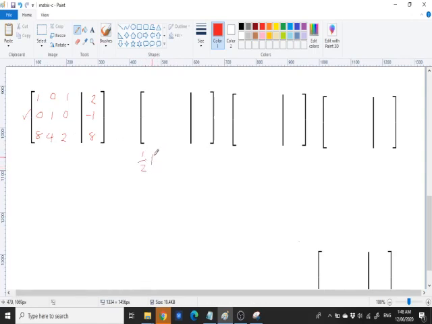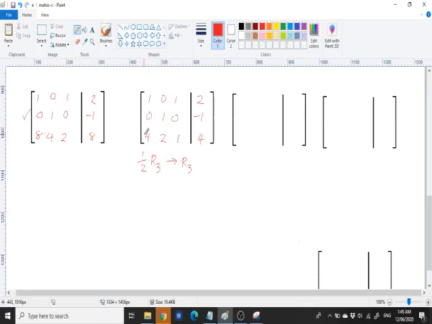So 1/2 R3, replace R3. Okay, so 8 divided by 2 is 4. 4 divided by 2 is 2. And then 2 divided by 2 is 1. 8 divided by 2 is 4. Everything else is the same.